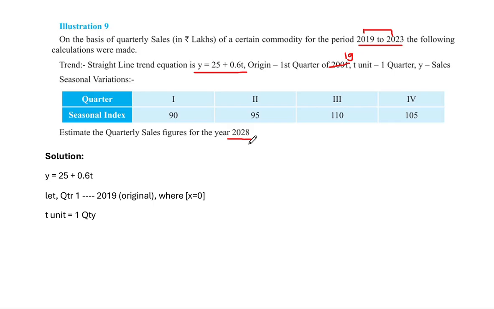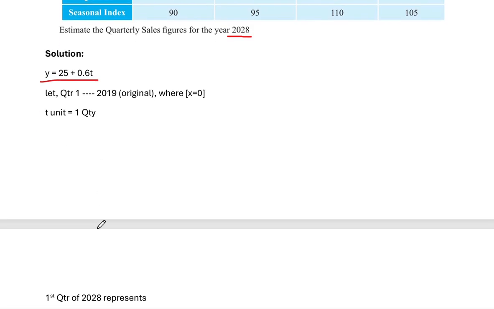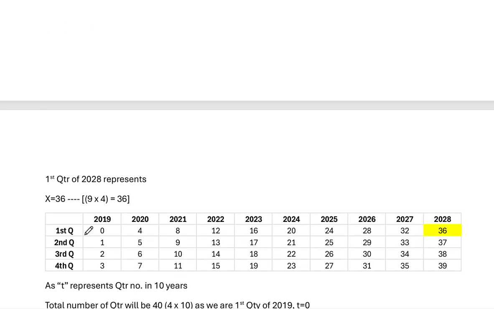Let's solve the question step by step. Now we have been given the equation Y is equal to 25 plus 0.60 t. We will assume the first quarter of 2019 is equal to 0 and t is equal to 1 quarter. Here we can see we will put a table 2019 to 2028.